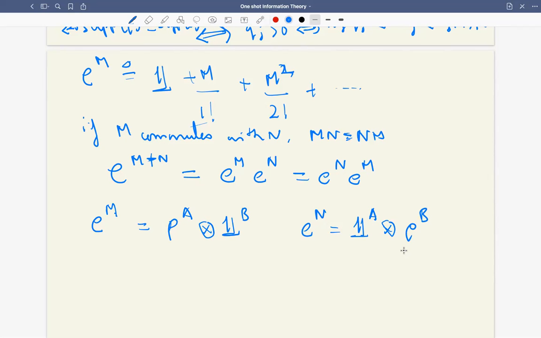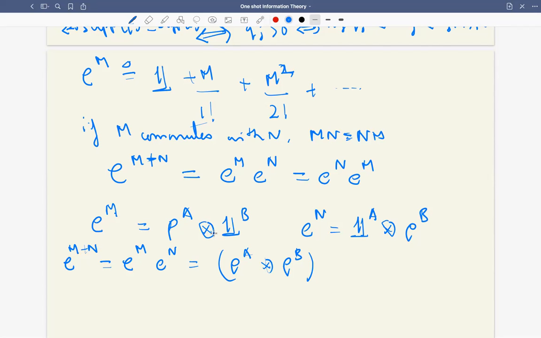So it's expected that even M and N, which are the logarithms, will commute. But in particular, what do I know? I know that e to the M times e to the N is rho A tensor rho B. But this is equal to e to the M plus N, right?